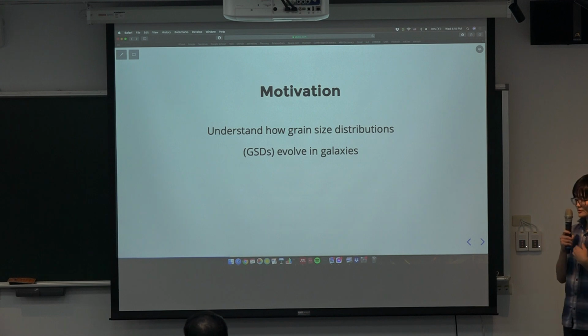For the purpose of my research, it is to understand how grain size distribution evolved in galaxies. And for this talk, I was specifically focusing on the evolution of grain size distribution in Milky Way analogs, the MWA.